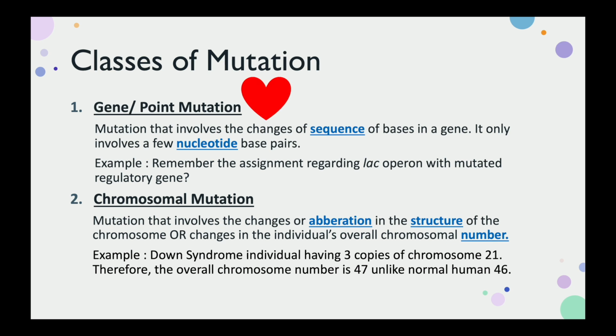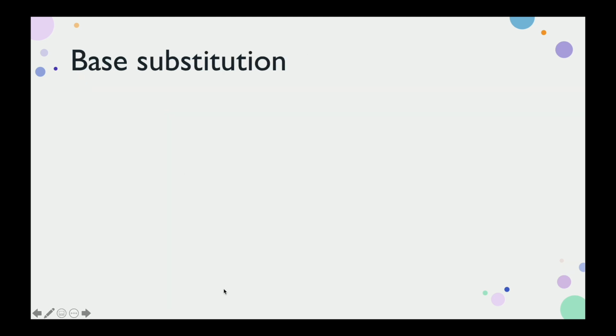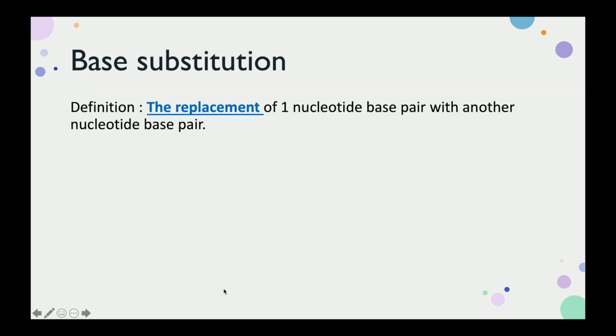Let's focus on gene or point mutation first. There are 4 types of gene mutation. These are base substitution, base inversion, base insertion, and base deletion. Base substitution refers to the replacement of one nucleotide base pair with another nucleotide base pair.